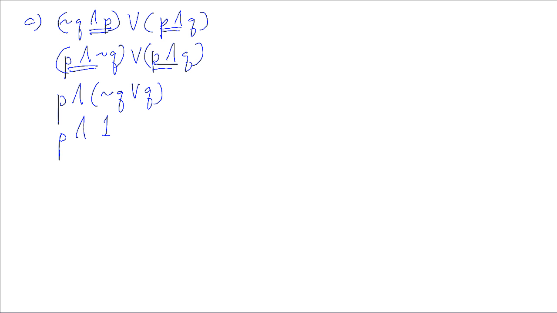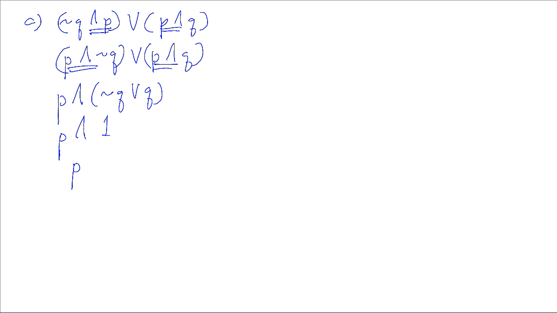Either Q is true or it isn't. So one of these two is going to be true either way. If Q is true, then the one on the right is true. If Q is false, then the one on the left is true. In either case, the OR statement becomes true, and I have a tautology. We also have P and 1, and that is indeed equal to P.